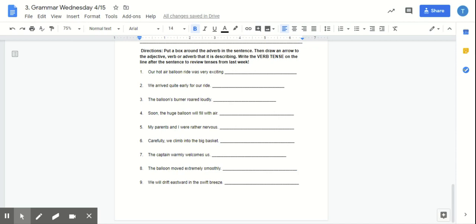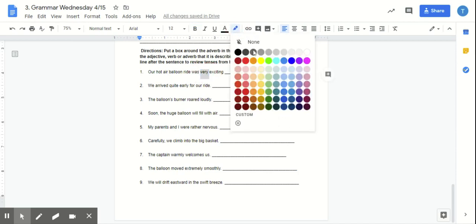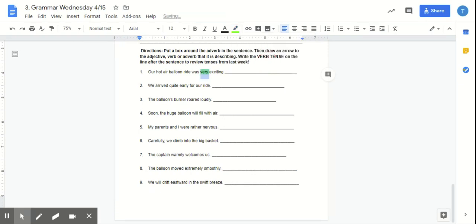So I am going to highlight "very" in green because that is my adverb in the sentence. Now, in order for me to draw the arrow to the adjective, verb, or adverb that it is describing, I am not going to draw the arrow right now because technically it would look very messy if I was trying to do that on this document. So I am going to highlight in another color the adjective, verb, or adverb that it is describing.